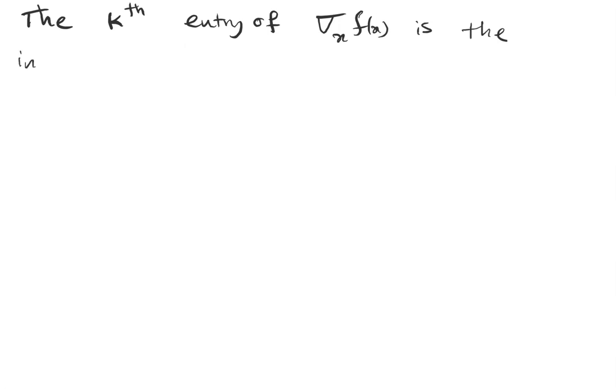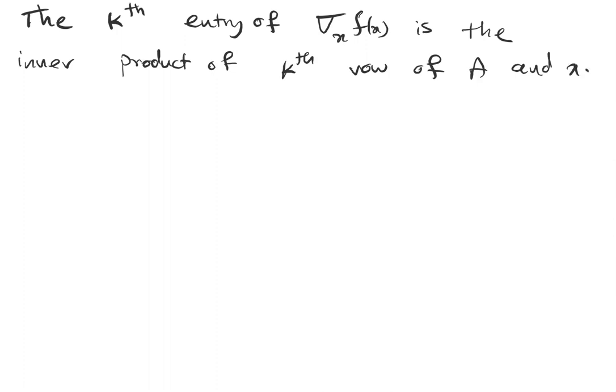We can conclude that the kth entry of gradient of f of x is the inner product of kth row of A and vector x. So what does that mean? That means gradient of x transpose Ax with respect to x is 2A multiplied by x.